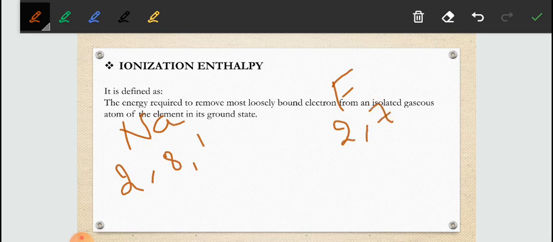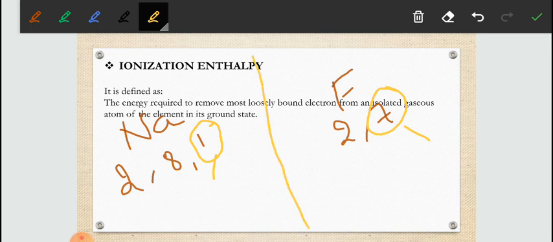We know to become stable, sodium will lose 1 electron, and fluorine wants to gain 1 electron. So these are two separate cases. Sodium wants to donate 1 electron and fluorine wants to gain 1 electron.